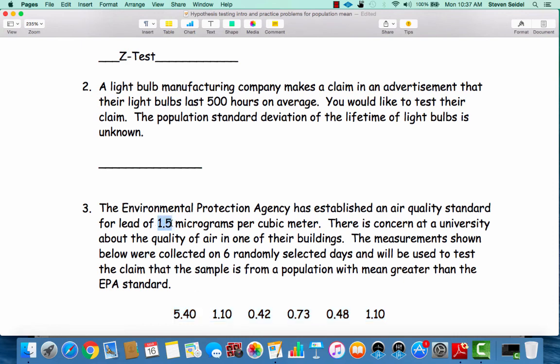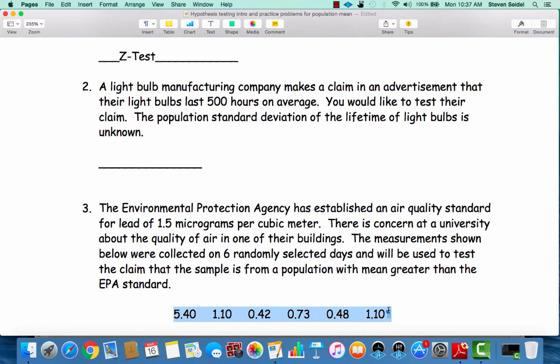You need this number, and there's a concern, and you need to look for key phrases when setting this one up, especially in this last sentence. What you need to set up the null and alternative hypothesis is in there. There's nothing you need to do with this data as of now. We'll take care of that later.